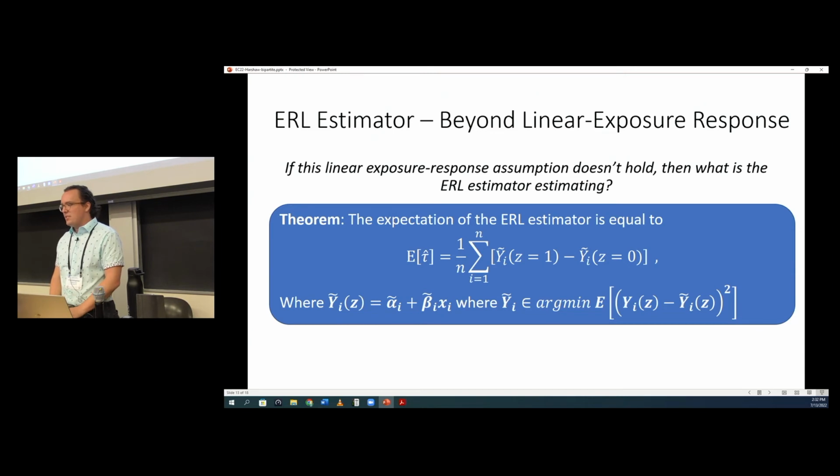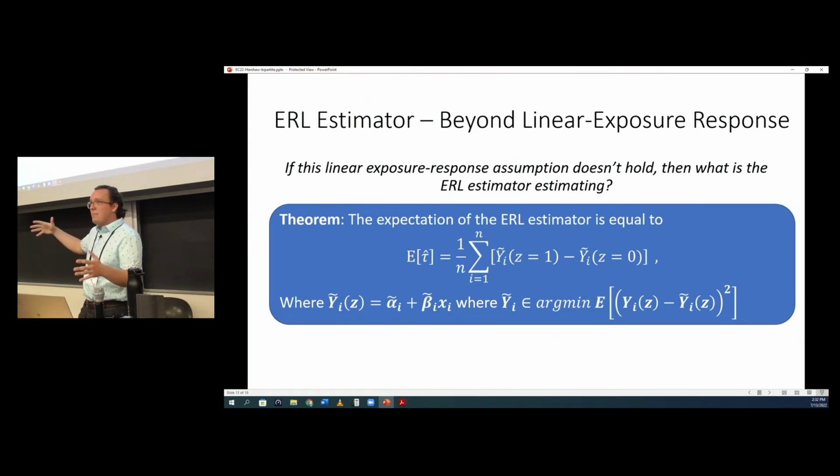So we have this theorem that the expectation of the Earl estimator is equal to some average treatment effect, not on your outcomes, but on outcome functions y tilde, where these y tildes are always going to be linear functions, and they are the best fit to your true unknown functions.